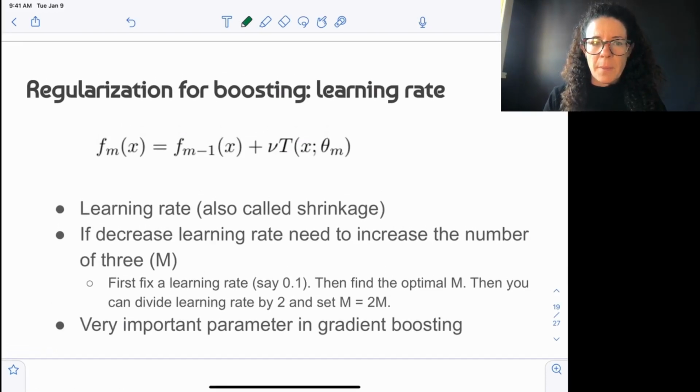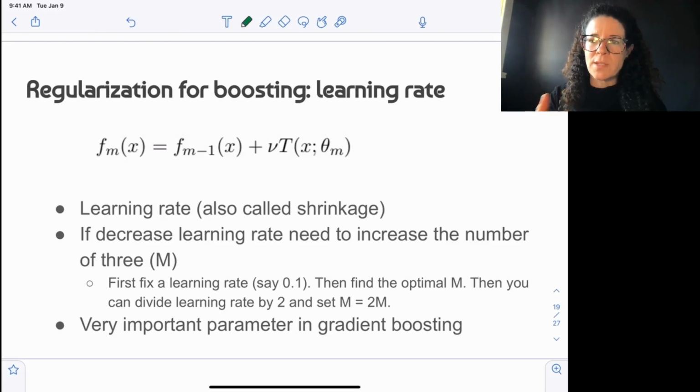So the number of trees and the shrinkage are related. If you decrease the learning rate, you need to increase the number of trees. One way in which you can go about optimizing this process is, for example, you fix a learning rate, let's say 0.1, and then you can find the optimal m just by trying different values of m, and then you can divide the learning rate, say, by 2, and in the same way you will multiply m by 2.